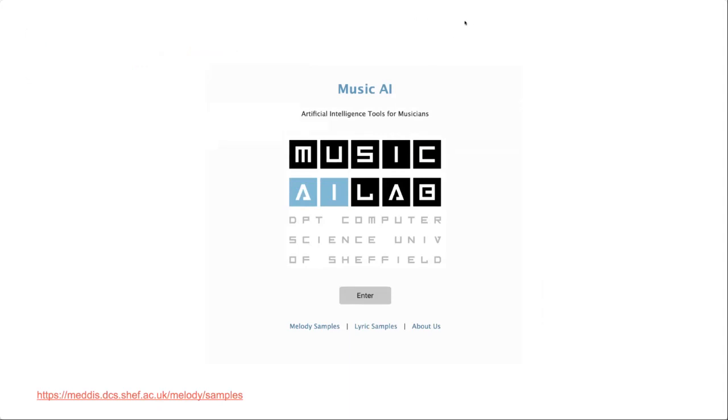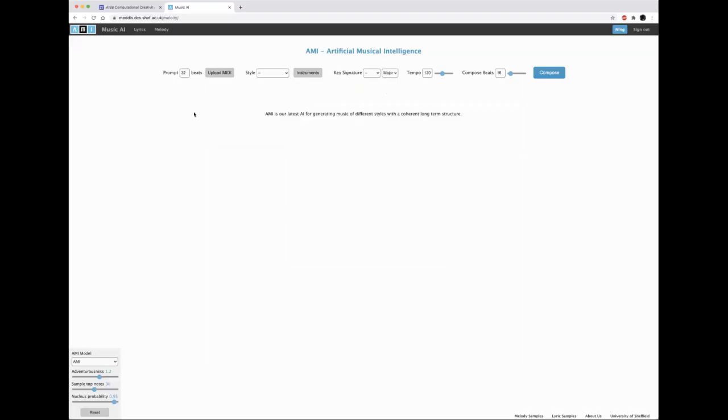So if I stop sharing and reshare my screen. This is a website we created for the musicians. Up here, you can choose different kinds of models, for example maybe classic.